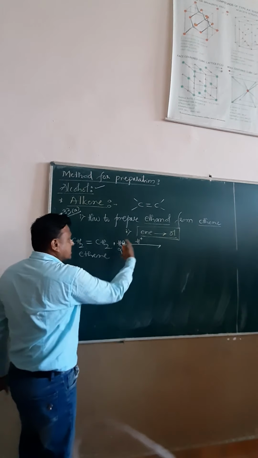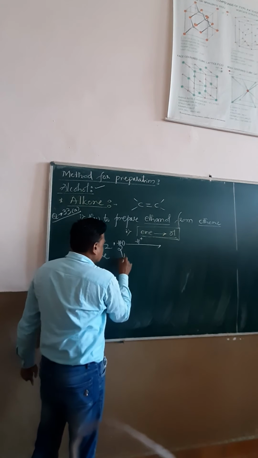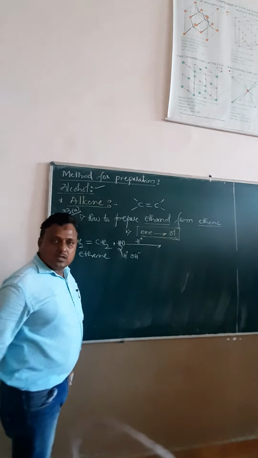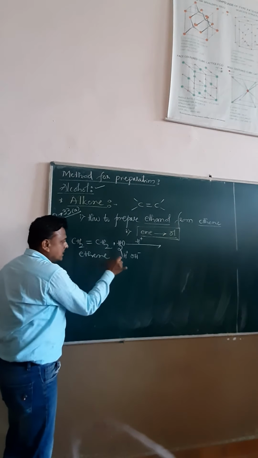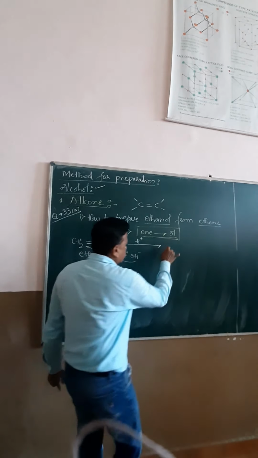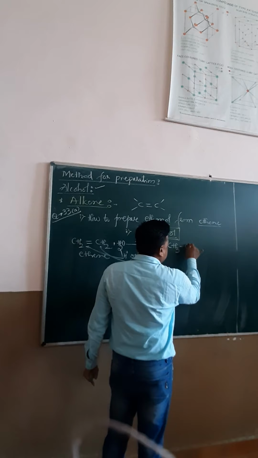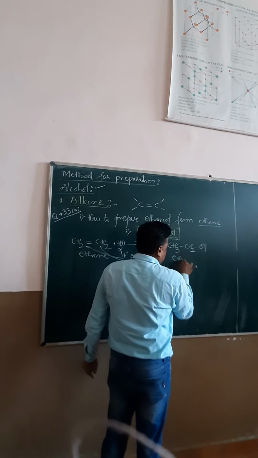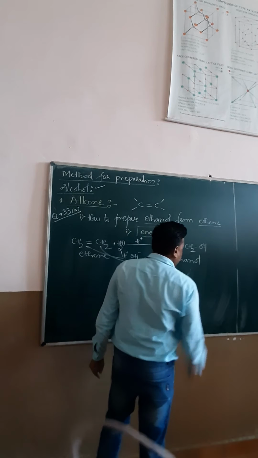Once it undergoes acid hydrolysis, there is cleavage into H plus and OH minus ions. With the cleavage of this pi bond, H comes here and OH is attached here. Now the product becomes CH3CH2OH, with 2 carbons. The name of this compound is ethanol.